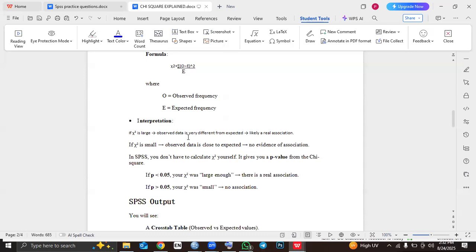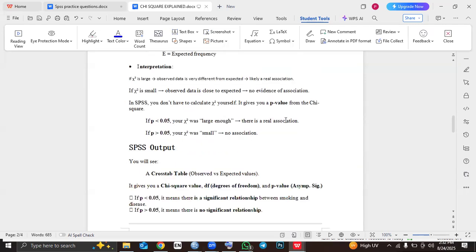However, the opposite is true. If the chi-square value is small, then the observed data is close to the expected. So we can safely say that there's no evidence of association.